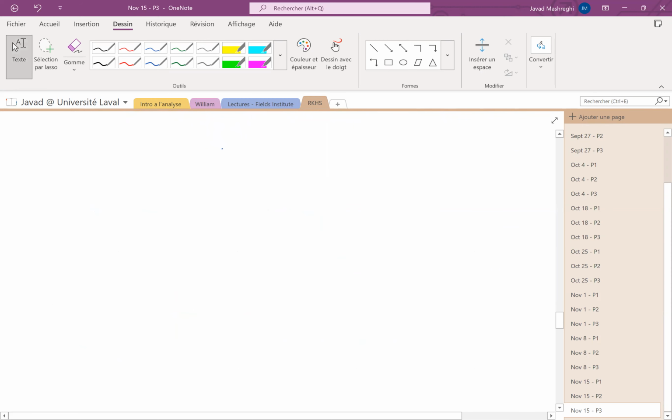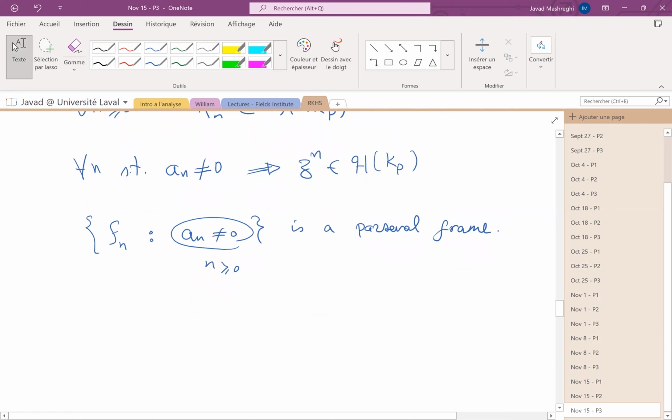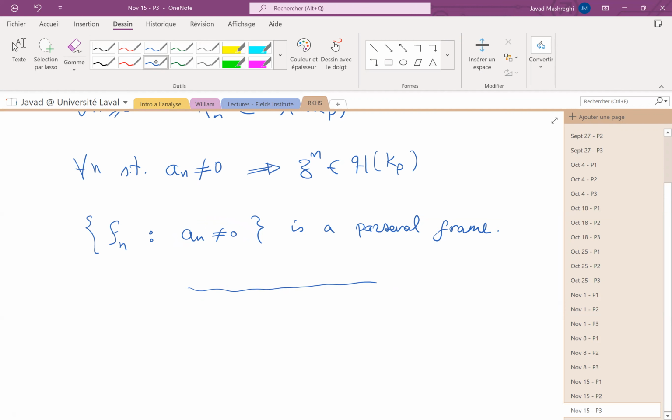And there is one little problem, which is the difference between the finite case and infinite dimensional case. If we have a Parseval frame, and even here we remove the zeros, we just consider those which are not 0. Can we conclude that we have an orthonormal basis?